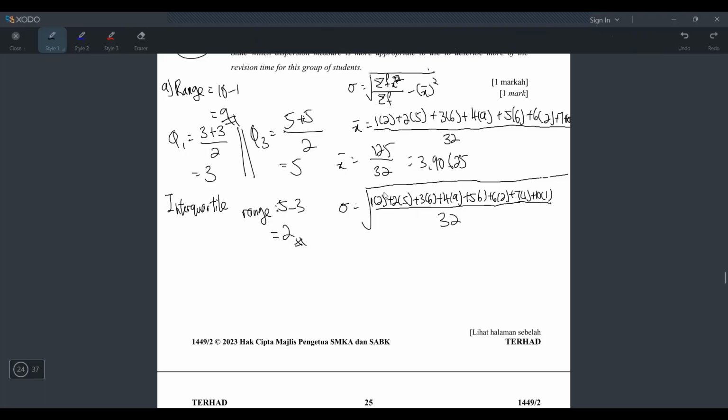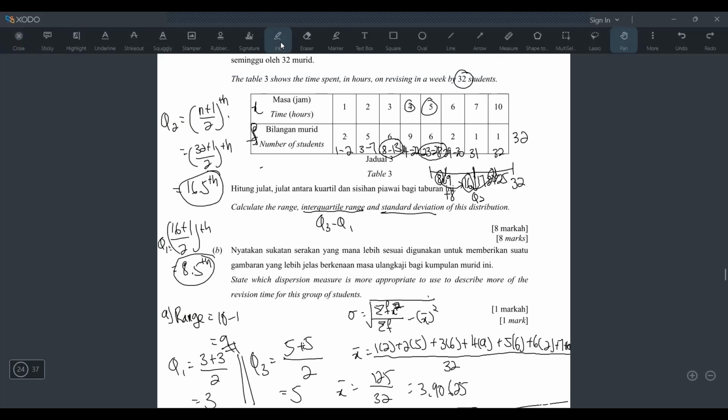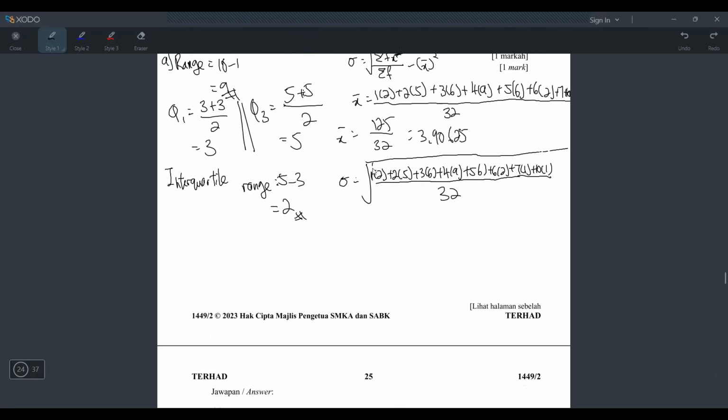But you don't tell me to add it to 2, 5, 6, 9. Wrong, wrong. Remember, the formula already mentioned, don't put the square at the frequency, put it at the x. It means you add it at your x. Which one is your x? Look at your table, which one is your x? 1, 2, 3, 4, 5, 6, 7, 10. So you only add it to the front number. 1, 2, 3, 4, 5, 6, 7, 10.